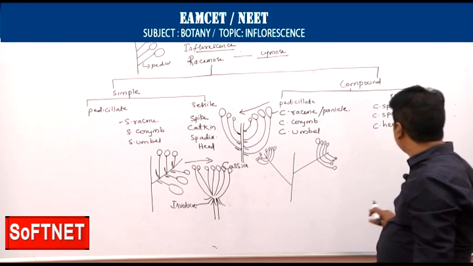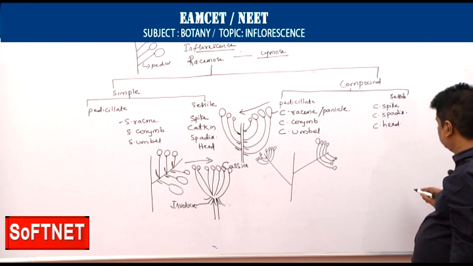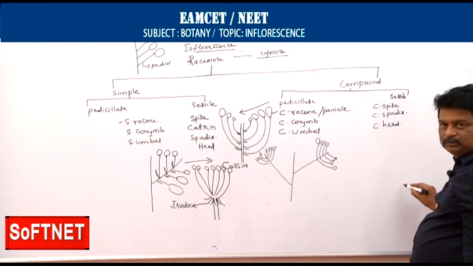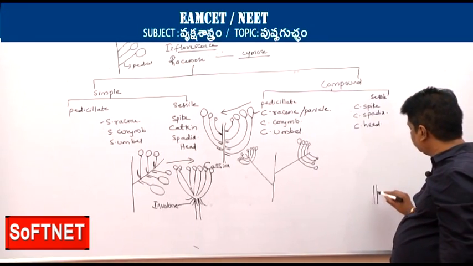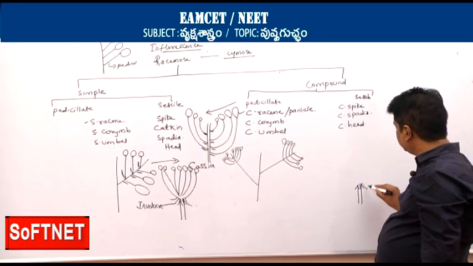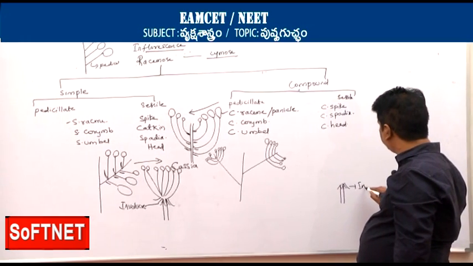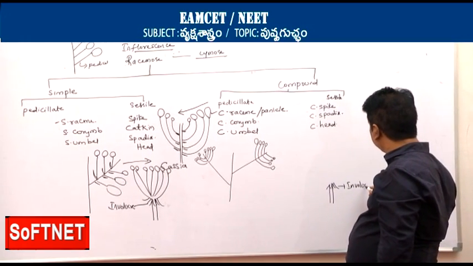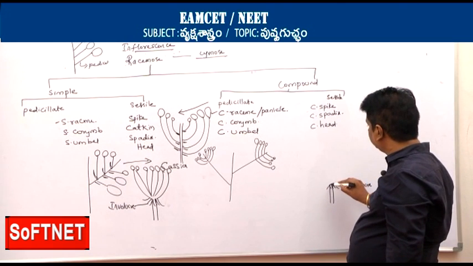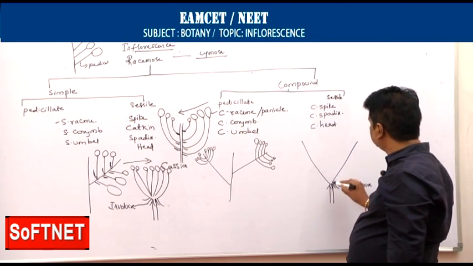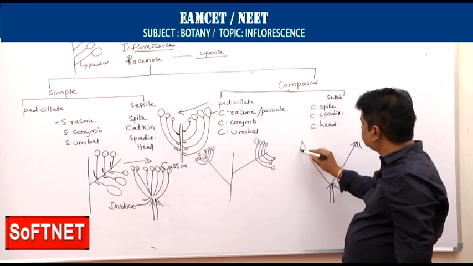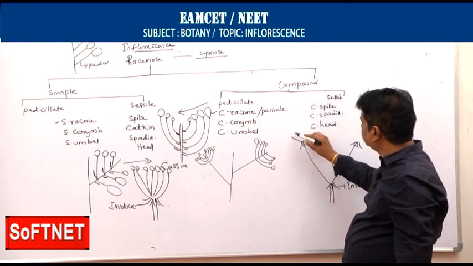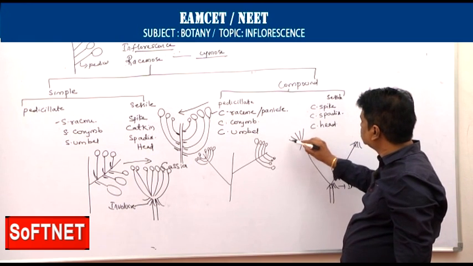The next one, compound umbel. Here compound umbel means the peduncle is branched. In compound umbel, first the tip of the peduncle contains a row of bracts called involucre. From the axils of the involucre several branches are formed, and each branch ends with one umbel inflorescence.